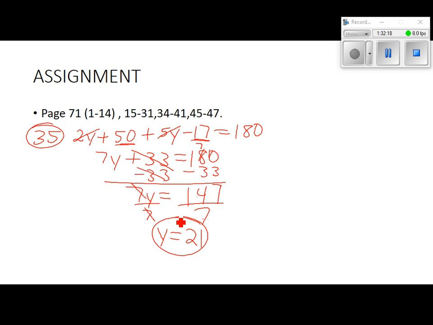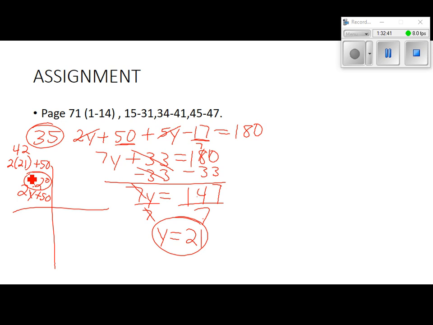I'm too lazy to go get a different book. But they tell us, if I look at this, this angle is 2y plus 50. Well, I know what y is, it's 21. So 2 times 21 plus 50, that's 42 plus 50, that's 92. So this angle right here is 92 degrees.